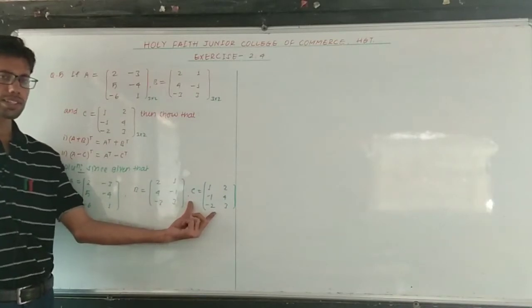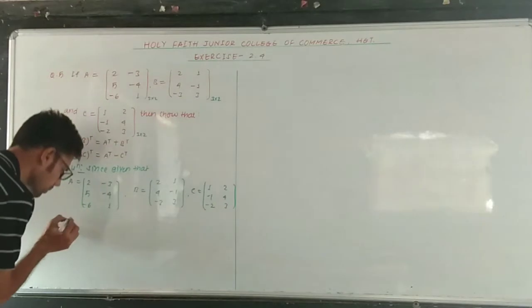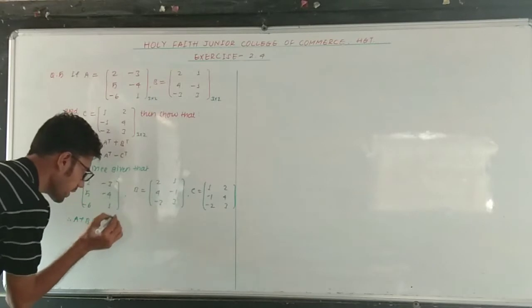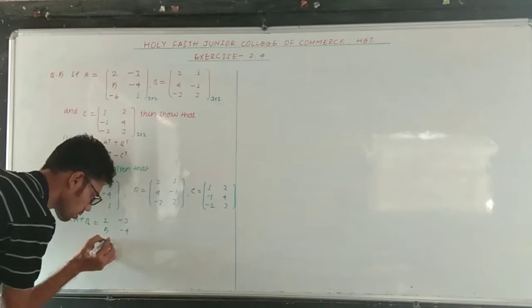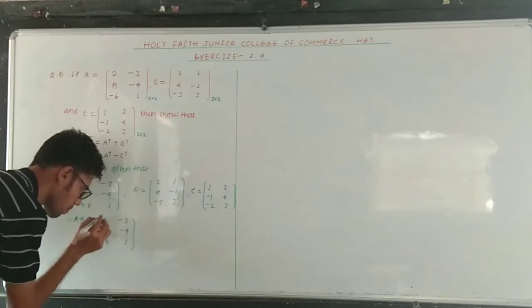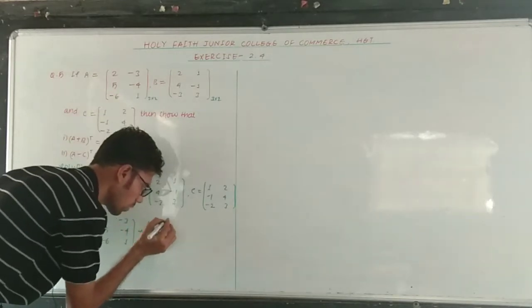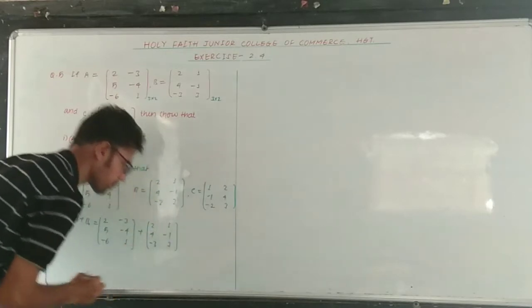Now we have to find out the LHS. What is the value of LHS? (A plus B) power t means transpose of A plus B. For finding the value of transpose of A plus B, we have to first find out the value of A plus B. Therefore A plus B is equal to A matrix 2, minus 3, 5, minus 4, minus 6, 1 plus B matrix 2, 1, 4, minus 1, minus 3, 3.